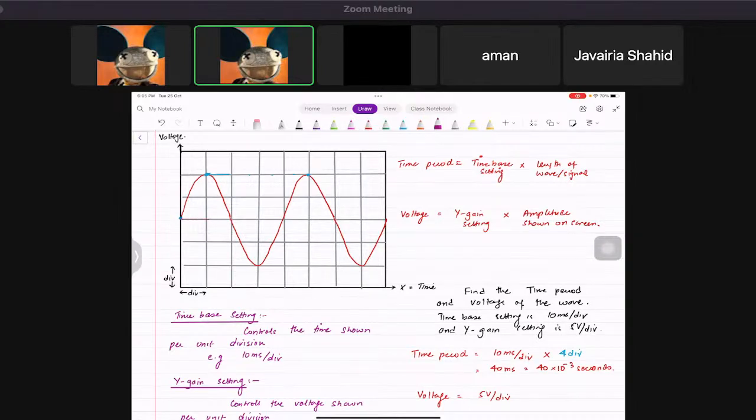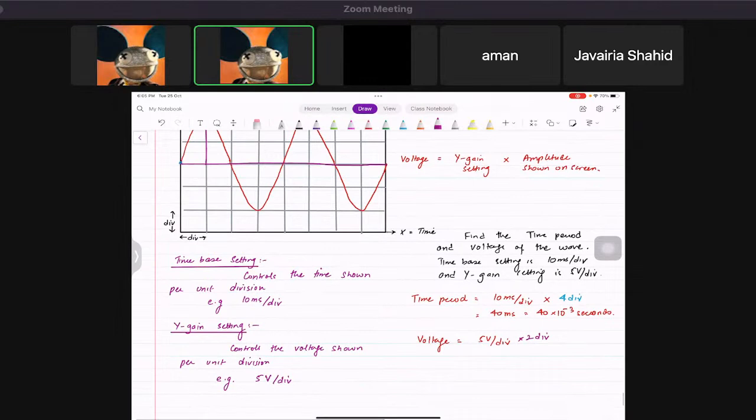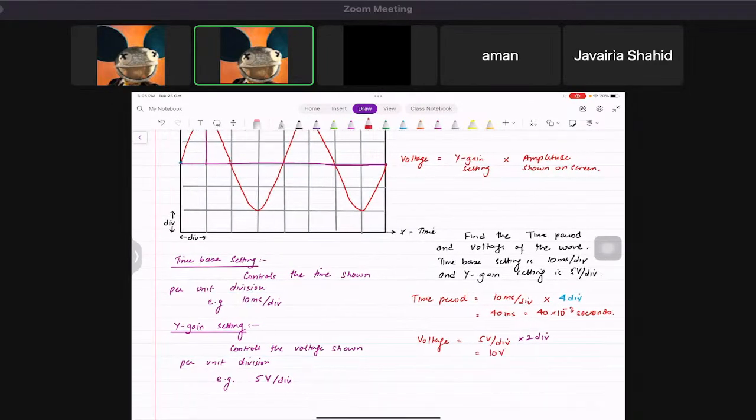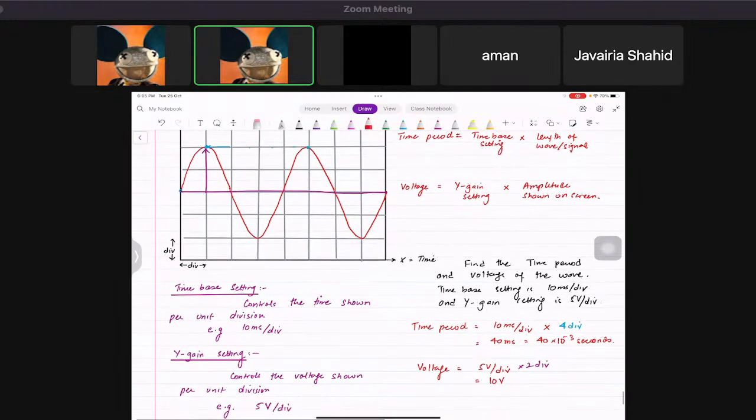So this would be the middle of the whole thing, and then the amplitude would be this much, which is basically 2 divisions. So I'm going to multiply by 2, and that gives me 10 volts. So the amplitude or the voltage of the wave was 10 volts. Do you get my point now?